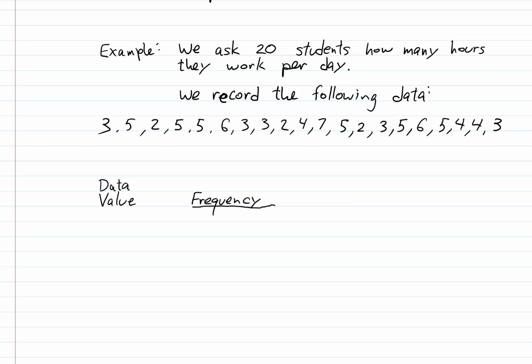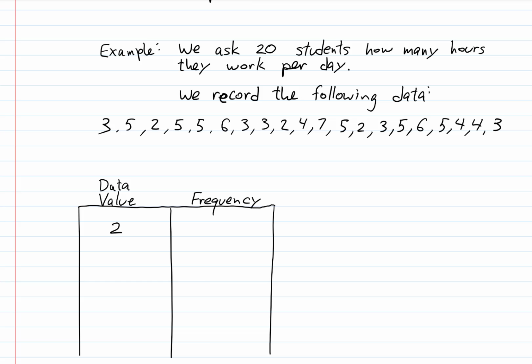This is what you would call a frequency table. I'm not going to need 20 rows. I'm not sure how many I'll need, so let me just draw that many for now. Okay, so here's what I do. I'm going to go in order. That makes sense. You see there's no ones or zeros, right? The smallest is a 2, so we put 2 here.